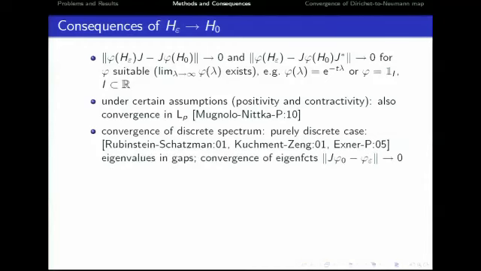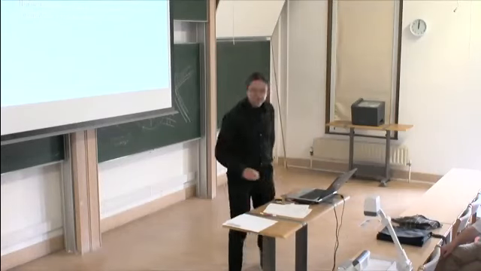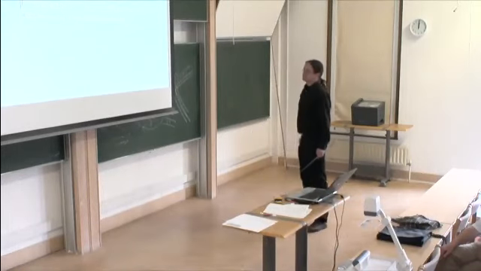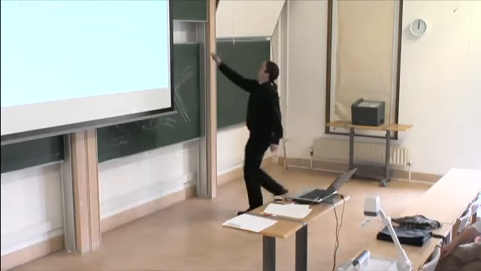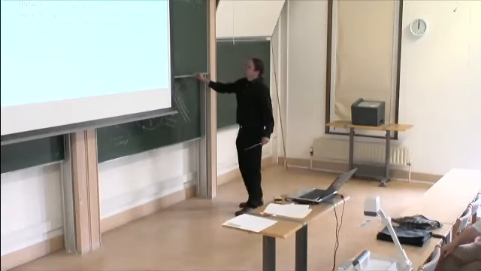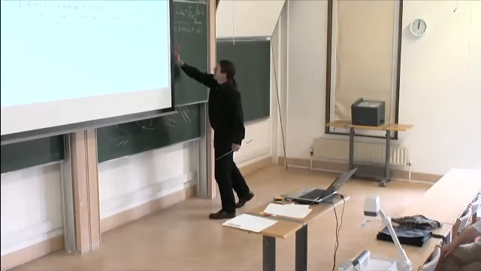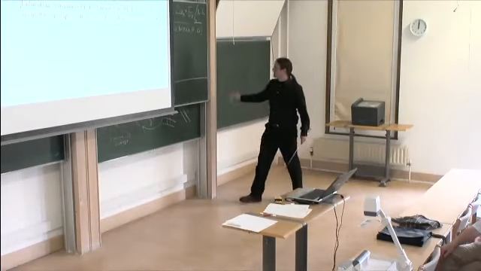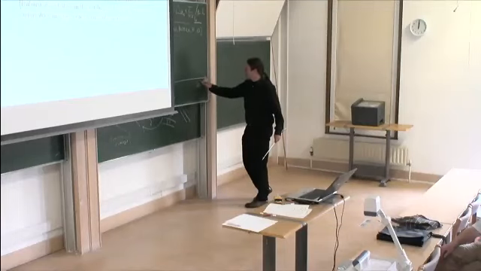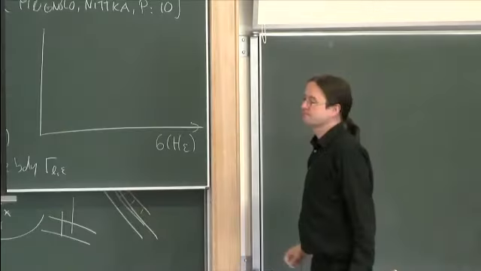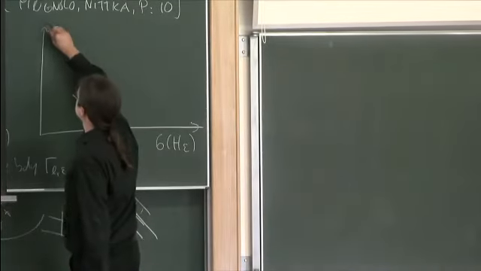But what we can do now also is, maybe I can draw it here. Hopefully you can see it. So think of here I write the spectrum of H epsilon, and here is epsilon.